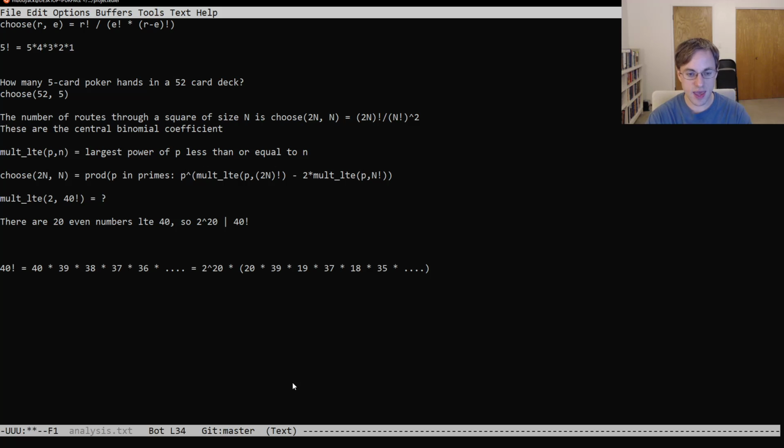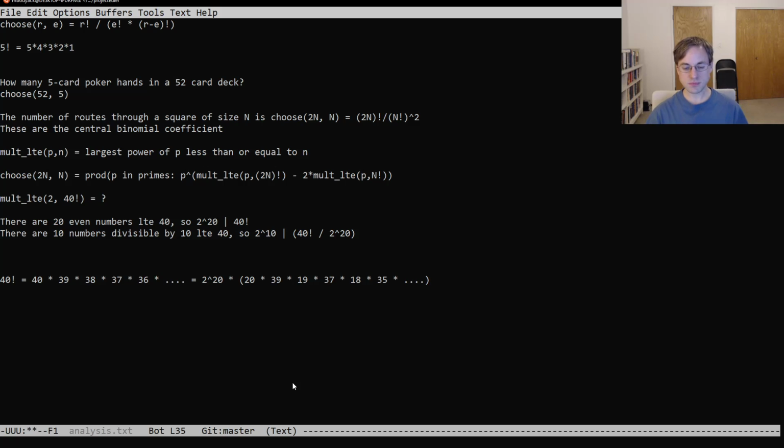And so then we can say there are 10 numbers divisible by 4 less than or equal to 40. So 2 to the 10th divides 40 factorial over 2 to the 20th. And we can continue this process.